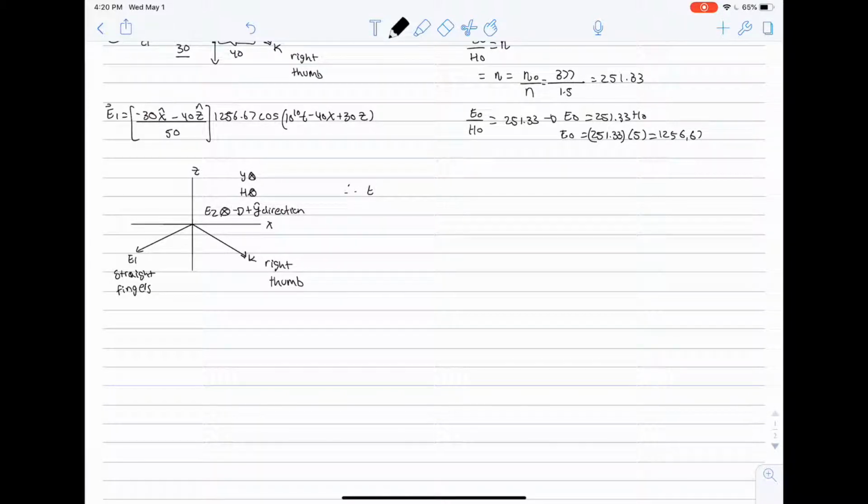Therefore, our E2 equals positive Y hat times the magnitude of E0, and it's 90 degrees in phase with our E1, which is cosine, so it's going to be sine. And again, omega t, which is 10 to the 10 t, and copy the rest, 40x plus 30z.